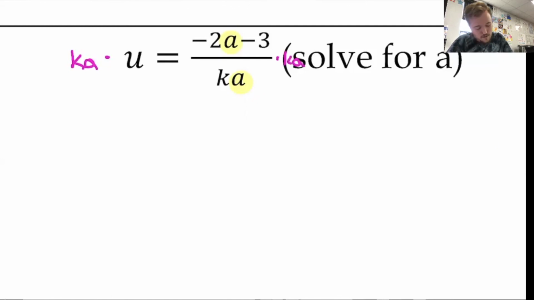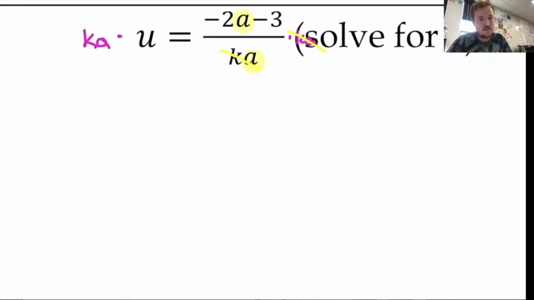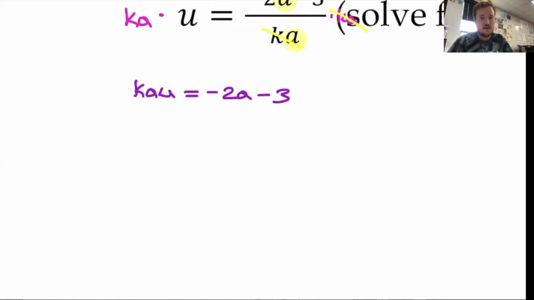So when I multiply this Ka and this Ka, they simplify. So I have Ka u equals negative 2a minus 3. So the numerator of that fraction didn't change at all. It's just the denominator that had to change.